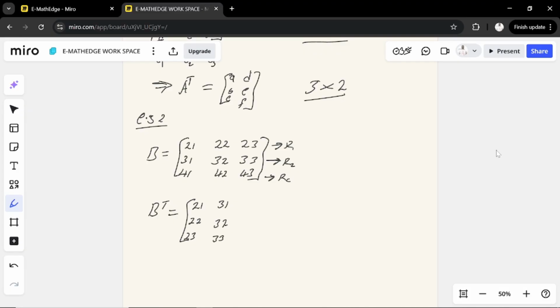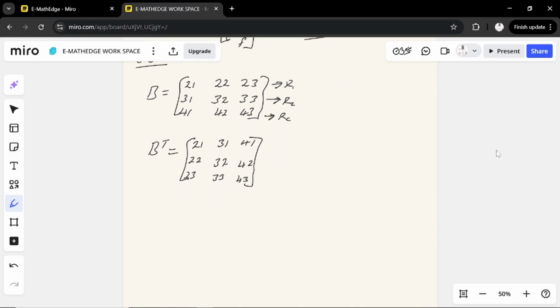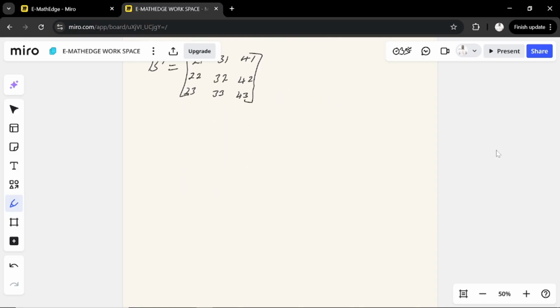Now for the third row, we have 41, 42, and 43, which we are going to have to be the third column, which is 41, 42, and 43, all enclosed in a square bracket. So that is that about the transpose of a matrix.